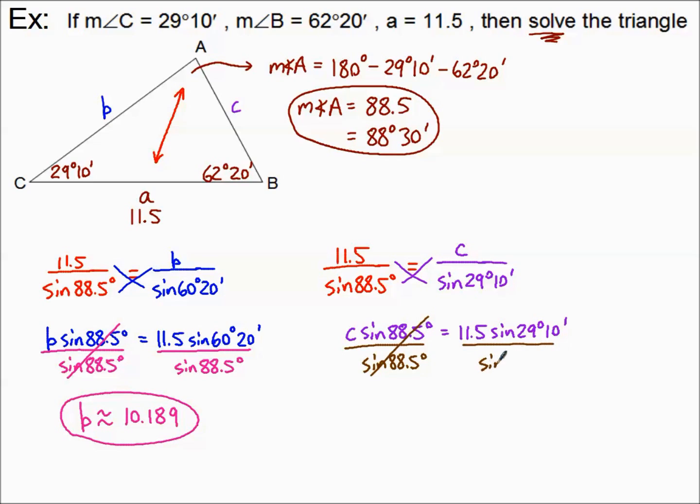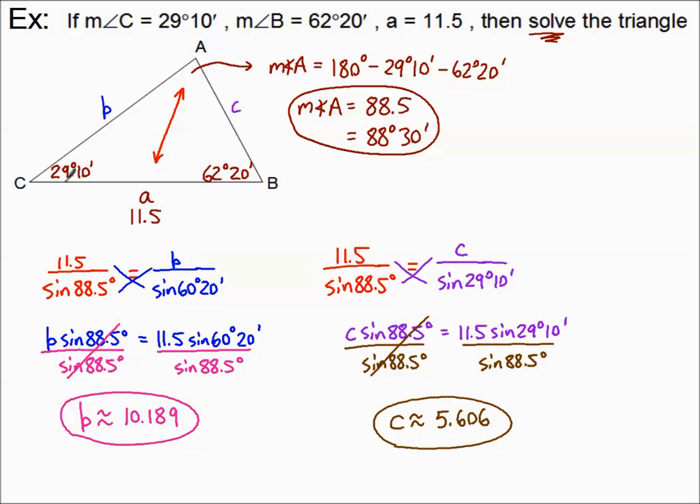Divide it away and I'll have C all by itself. Plugging this into your calculator, watching out for your symbols and your parentheses, you should get 5.606 for side C.